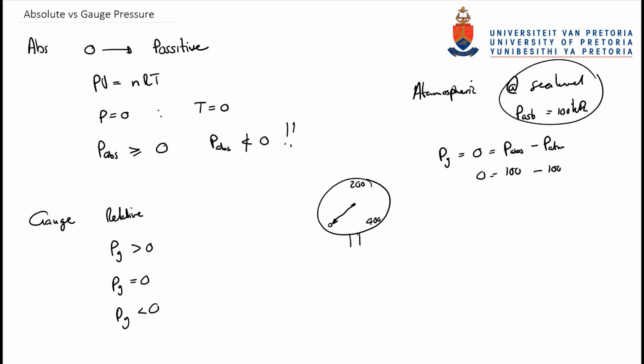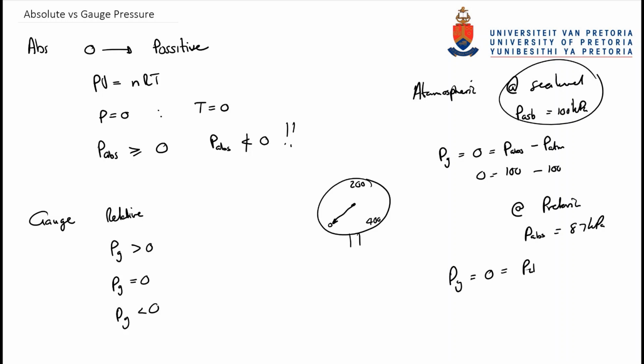Obviously, I could have changed this and said that at Pretoria, where the absolute pressure is approximately 87 kilopascals, I set my gauge now to be equal to 0, and I will still have a gauge pressure of 0.